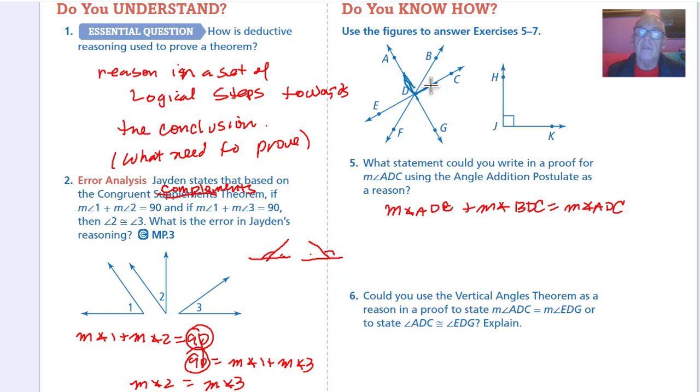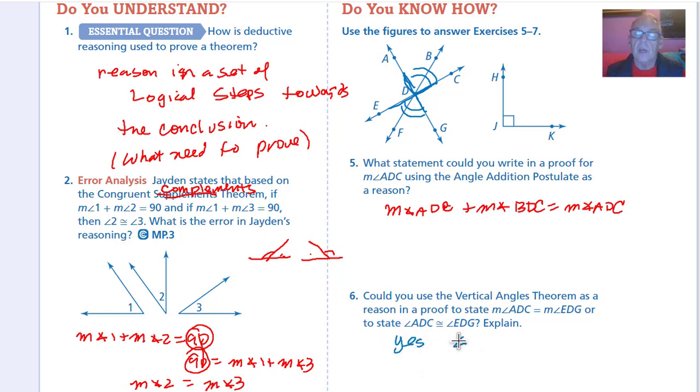And if we continue this line on, we get this and this. So this angle and this angle, those two big angles, are vertical angles with each other. So could we use the vertical angles theorem as a reason in a proof to state that the measure of ADC is equal to the measure of EDG, or to state that ADC is congruent to EDG? Yes, we could.